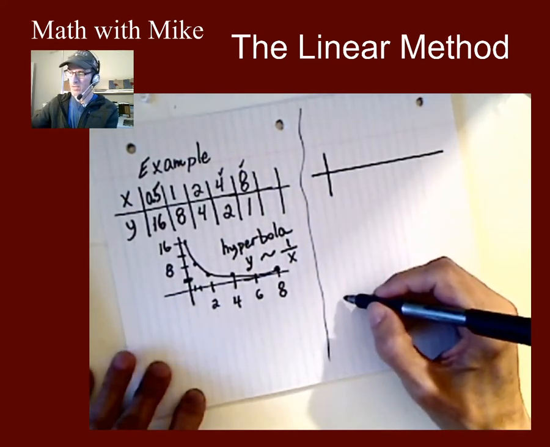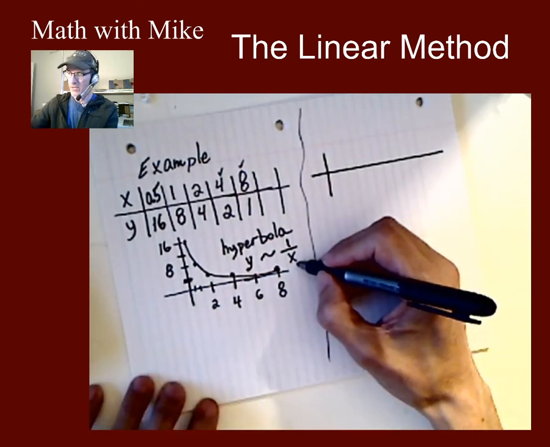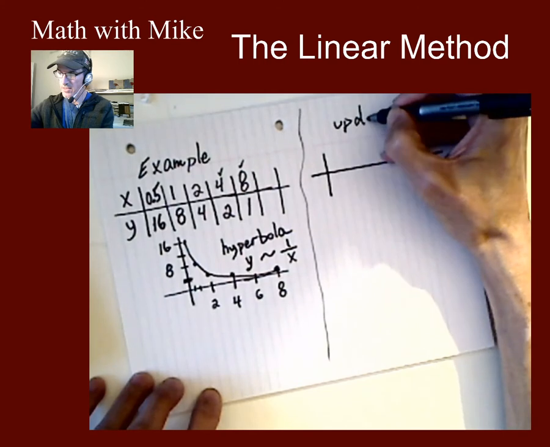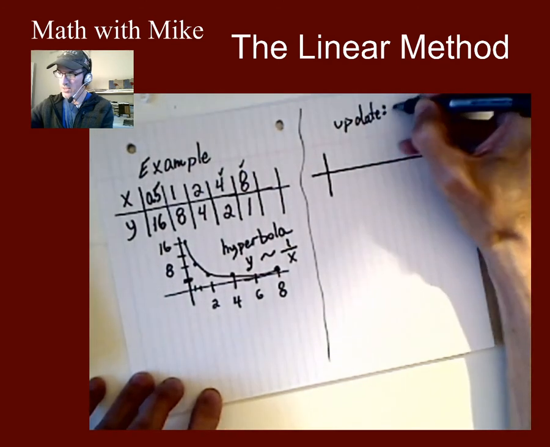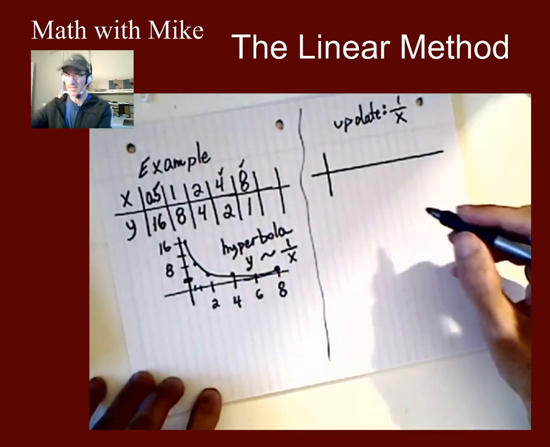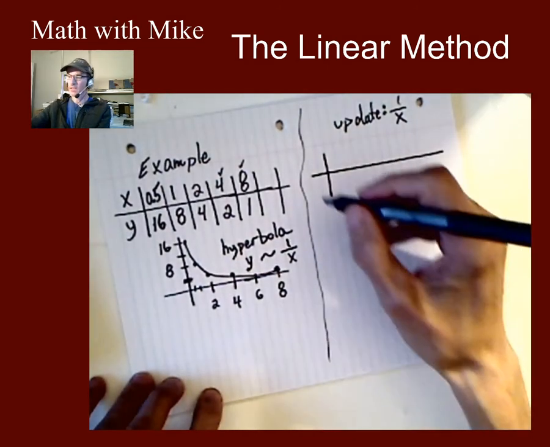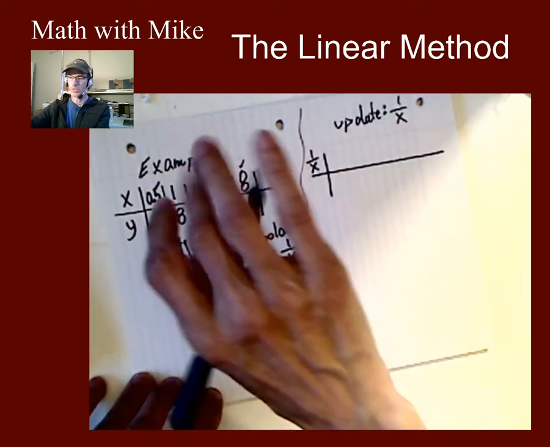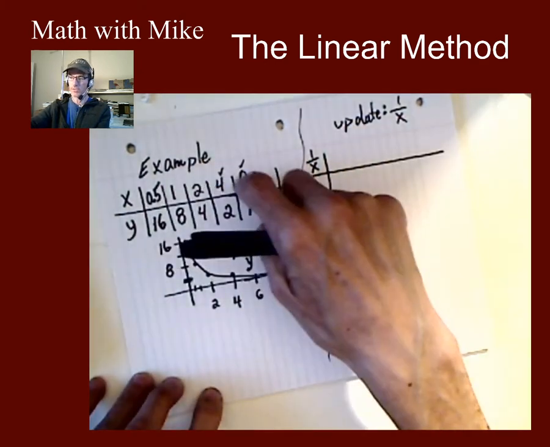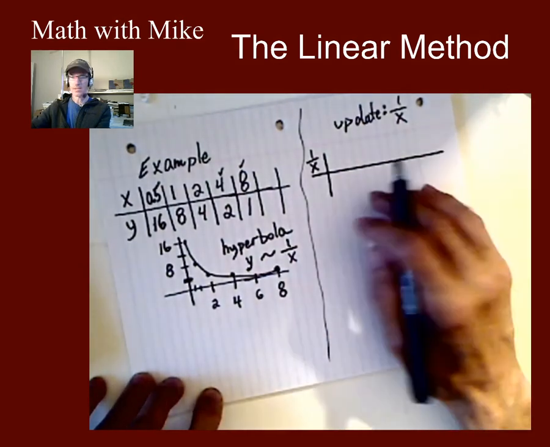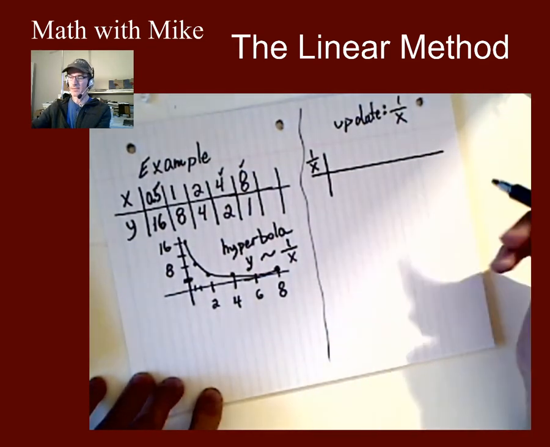So what does that mean? Great, we figured it out. Update the x. Take some care with this step here, because it's 1 over x now, which means we're going to do reciprocals of each of these and try and fit them all in here and then get a good looking picture.